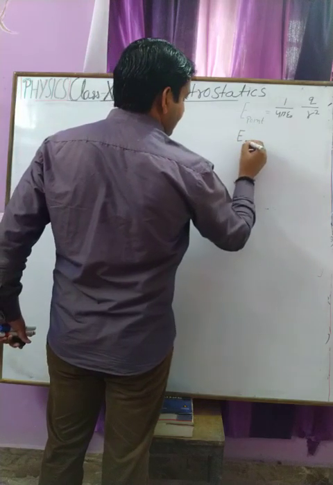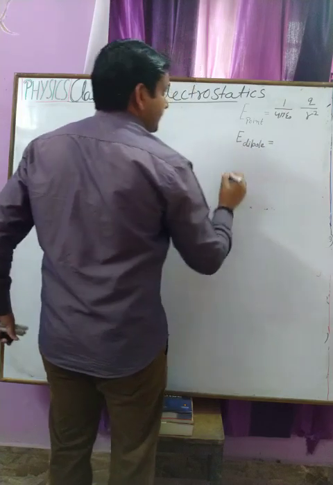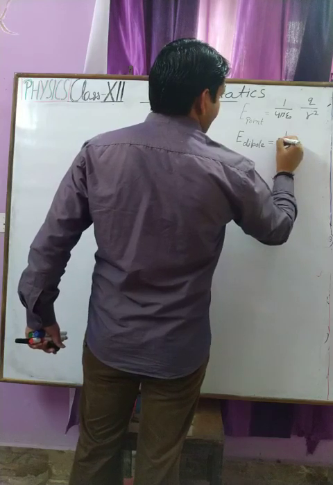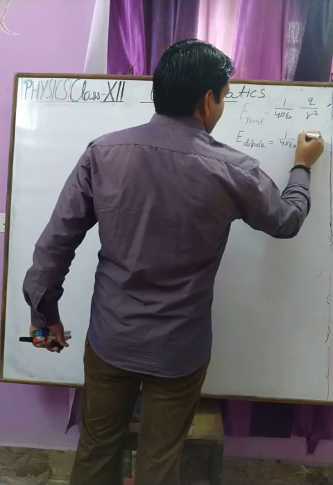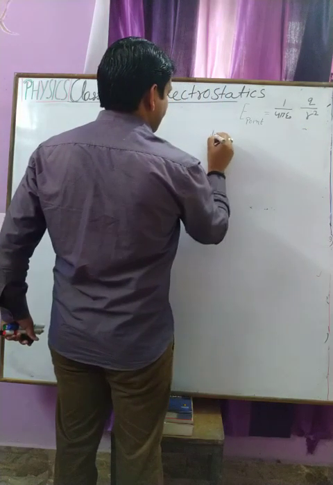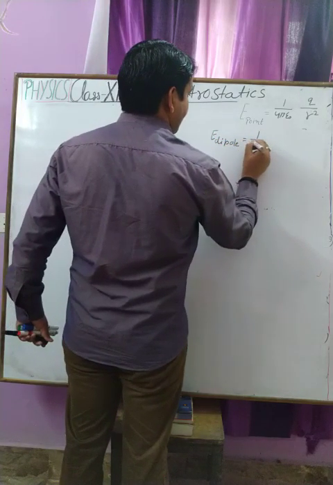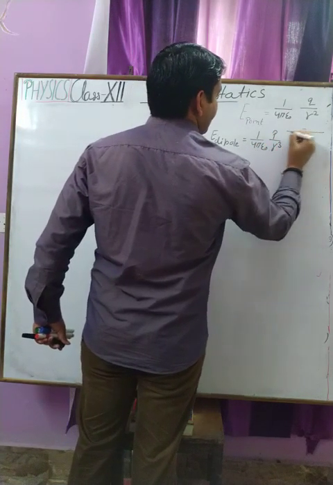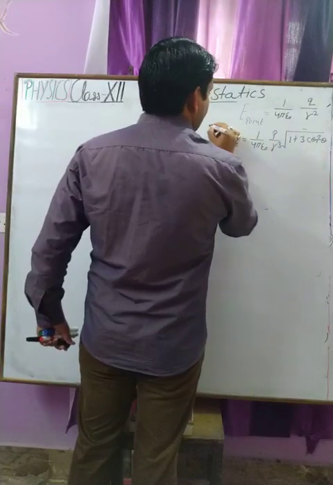Second, we have electric field due to a dipole. This formula is 1 upon 4 pi epsilon naught p upon r cube, inside the bracket 1 plus 3 cos square theta.